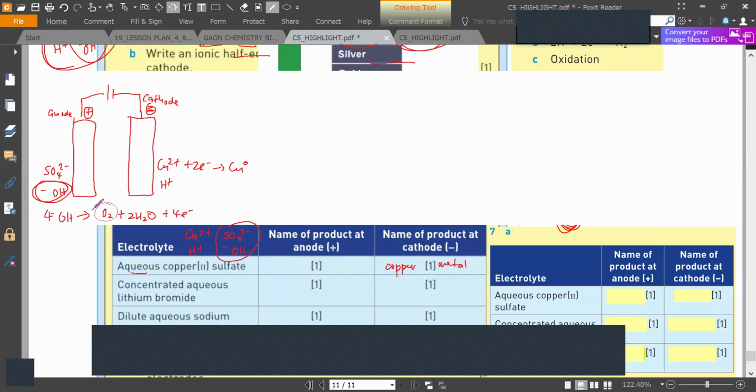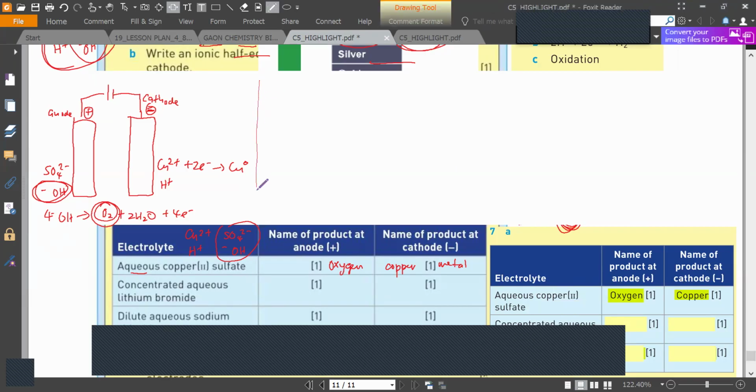So our product will be oxygen gas. So we check our answer: oxygen at the anode, copper at the cathode. So that's how we work it out.